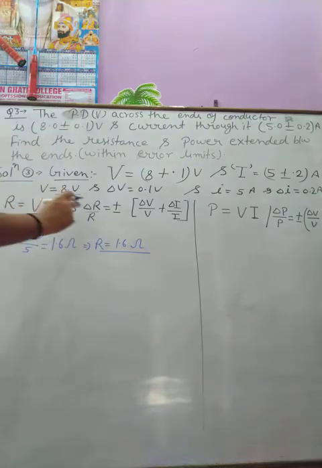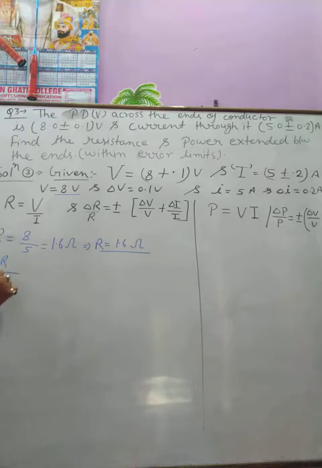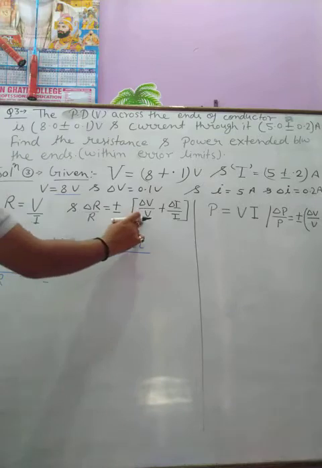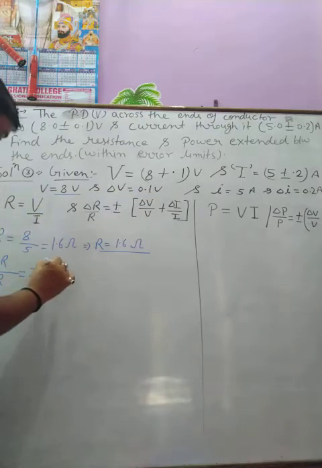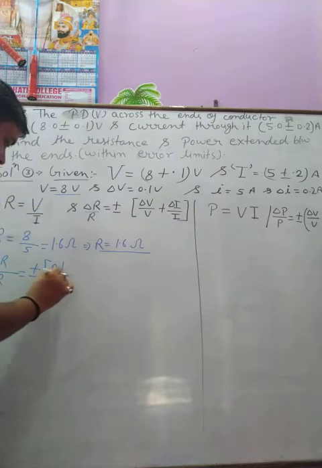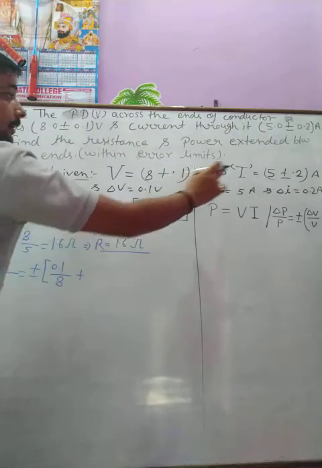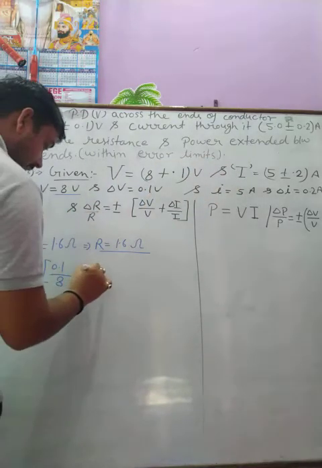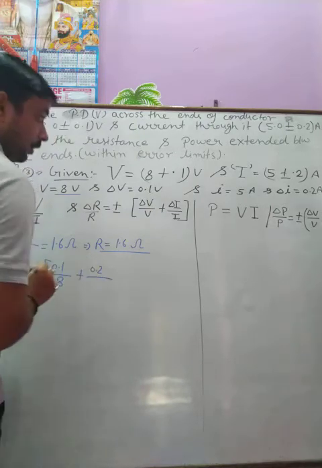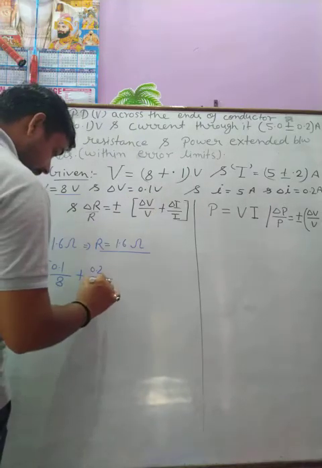Okay, now we calculate this error. Del R upon R is equal to plus minus del V, del V we have 0.1 upon 8 and plus del I, del I is 0.2 upon 5.